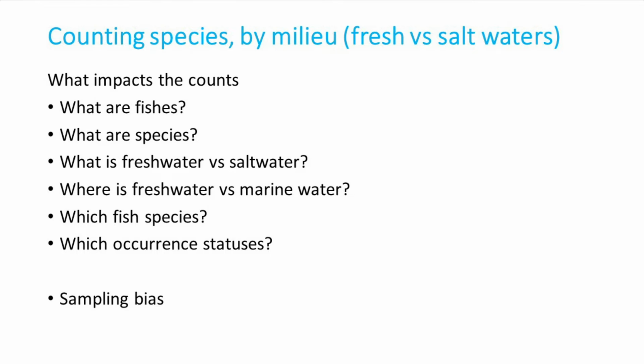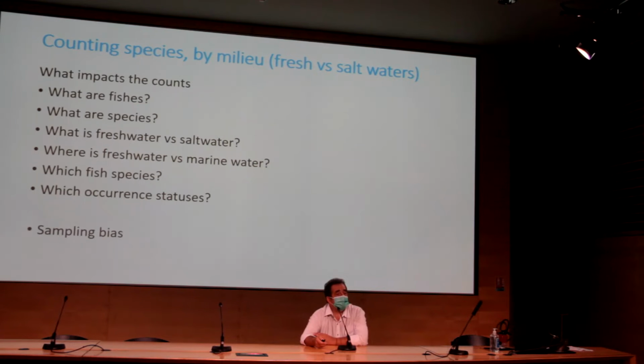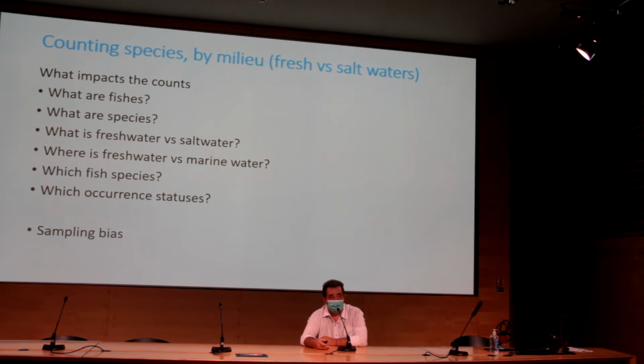What are species? It's an eternal problem that we don't have a very good definition of species, and depending on the species concept that you use, you can reach several numbers. But it goes further than that, because you can give the number of already described species, or the number of described species plus those that we know we have discovered but not yet described, and this number increases with genetic studies.